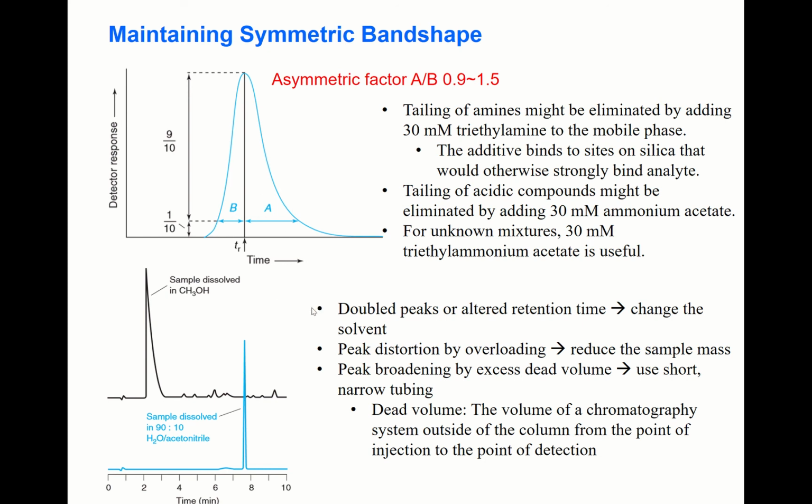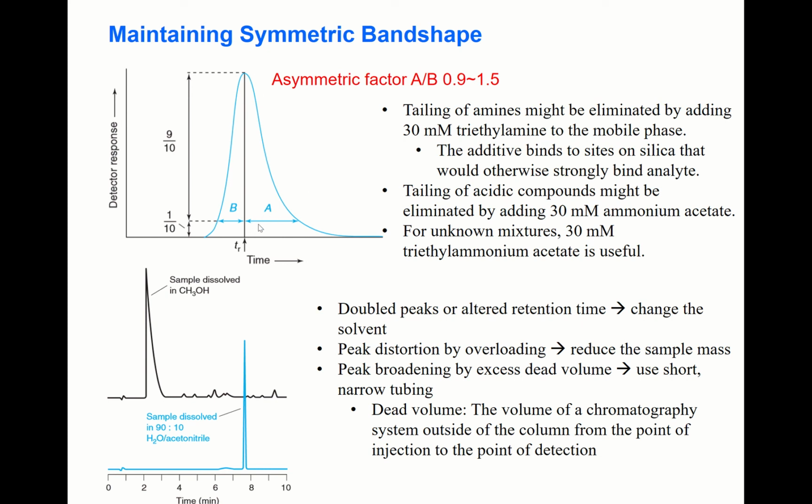Yeah, that is important. And how do you know how asymmetric it is? There is a criterion. Take the peak height, and from 1/10 from the bottom, draw a horizontal line, and then draw the vertical line from the peak position, and measure the distances A and B, and take the ratio A over B. For the ideal case, the ratio of A and B is 1, because that is symmetric.